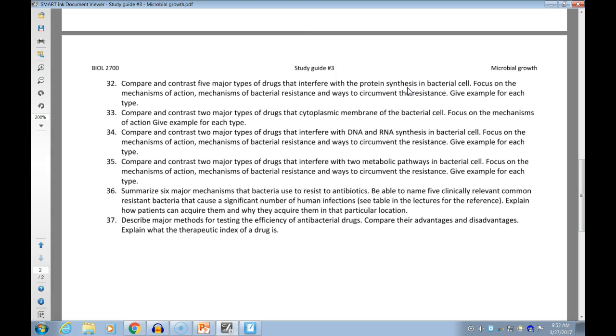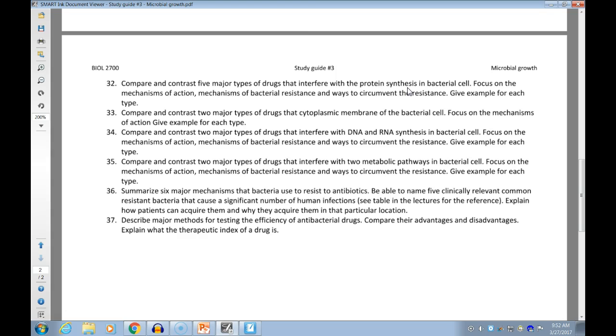DNA and RNA synthesis. Which class of drugs inhibits DNA synthesis? Fluoroquinolones. Cipro, right? For this, I want you to know the mechanism. It binds to DNA gyrase or DNA topoisomerase. It's the same, those are synonyms. Okay? It's like Margaret and Peggy.